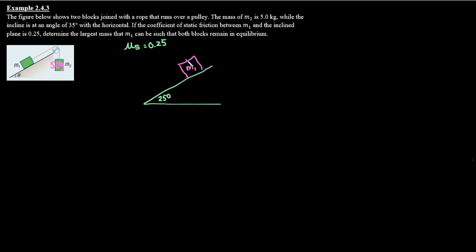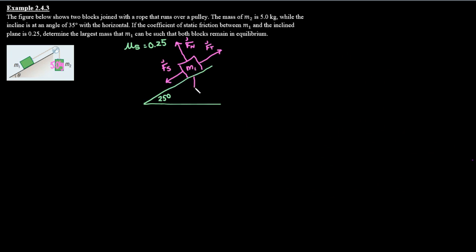We're going to have that force of normal that is perpendicular to the surface in this direction. We're going to have the force of tension that's acting in this direction. We're going to have some force of static friction acting in this direction.